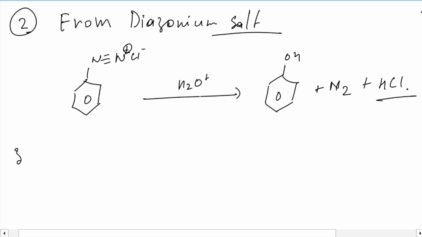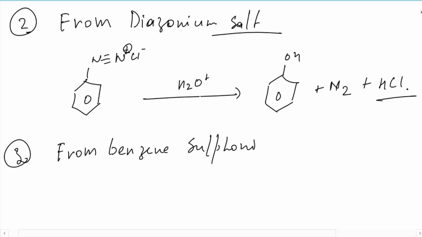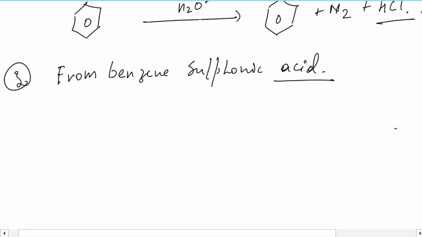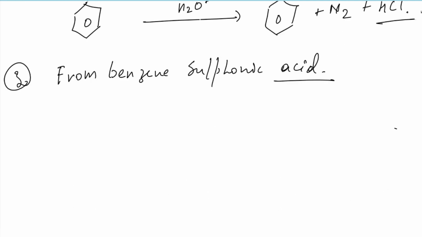Got it? Third one is from benzene sulfonic acid. Let's have a look at how it will yield phenol. What is benzene sulfonic acid?